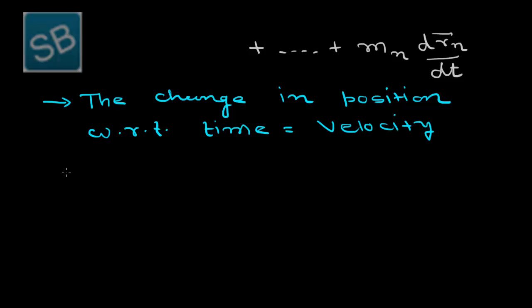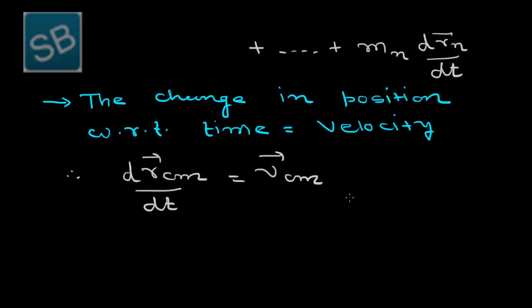the value of dR_CM by dt as V_CM. Similarly, dR1 by dt is equal to V1 and so on.